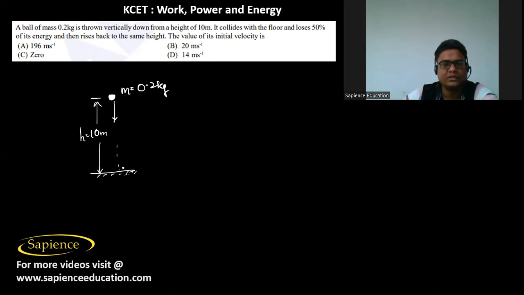Okay, so it is thrown vertically down. It means that it is having some initial velocity.